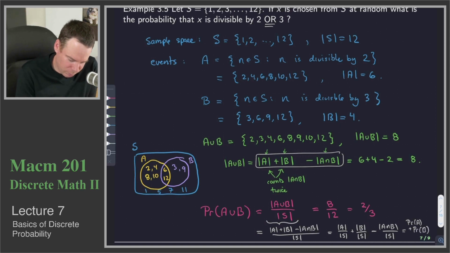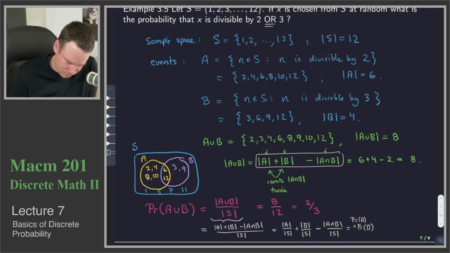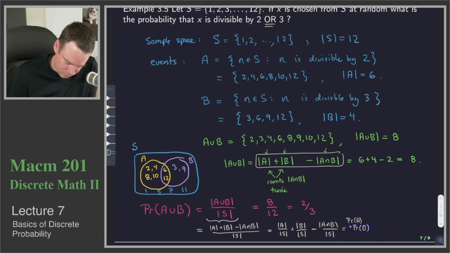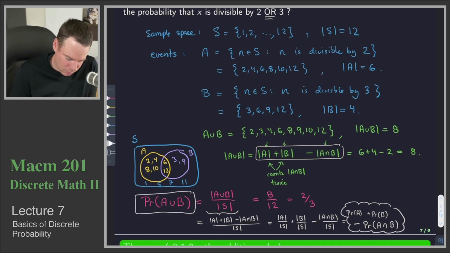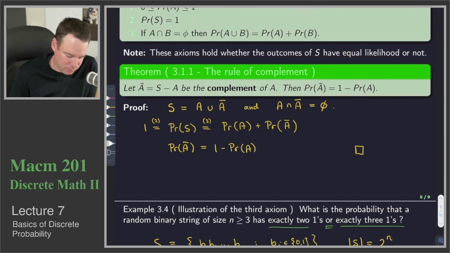And now I'm going to move this over a little bit so we don't have to squeeze it all into that bottom corner. So I'll do a little bit of reformatting here. There we go. And what is that last expression? Well, that's the minus the probability of A intersect B. And so what we have is that for the probability of the union, in this case, A and B weren't disjoint. So I couldn't just say it was the probability of A plus the probability of B. In other words, I couldn't use axiom 3 here.